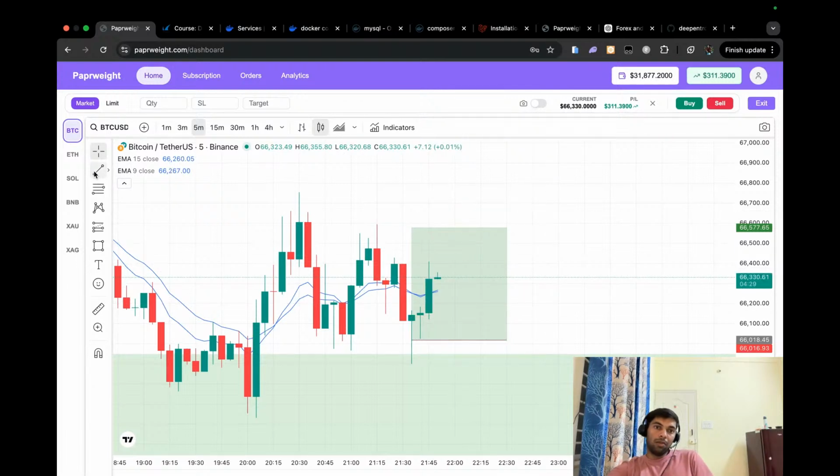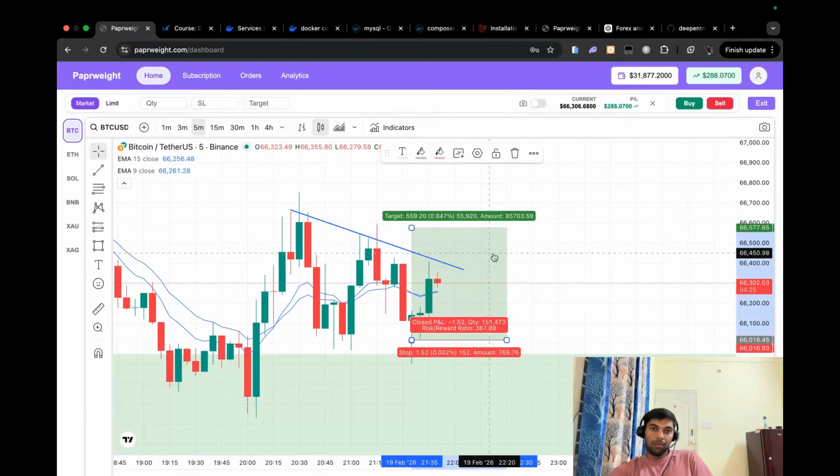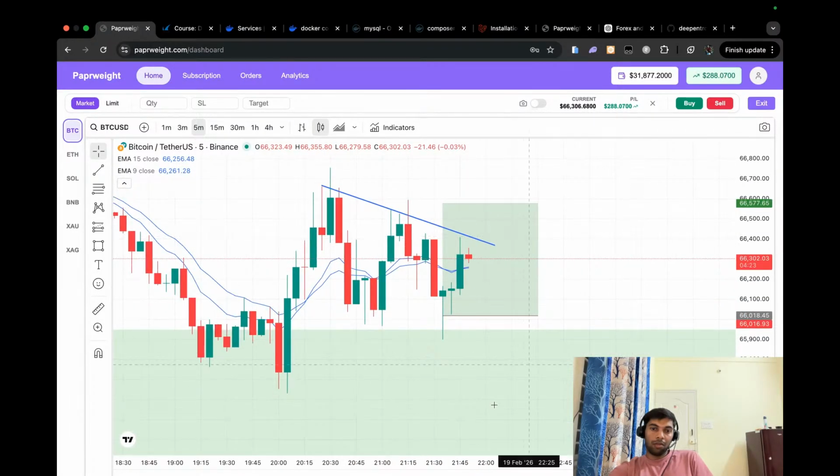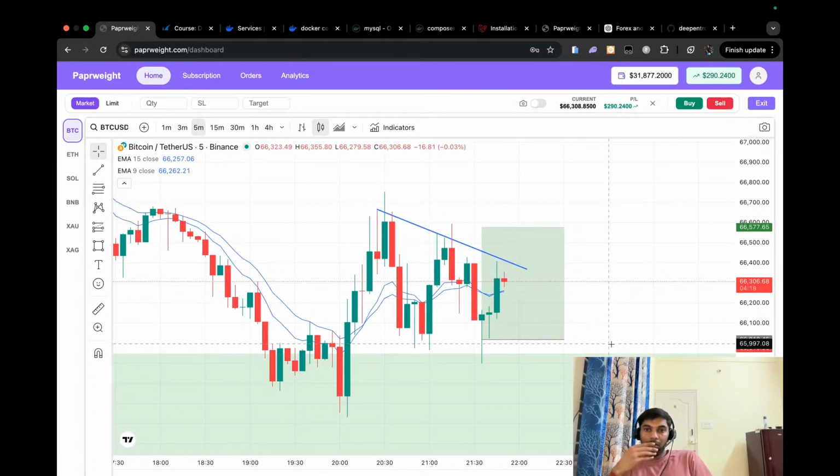There might be an upper trend line rejection as well. Overall, there is no loss in this trade, so this is a risk-free trade.